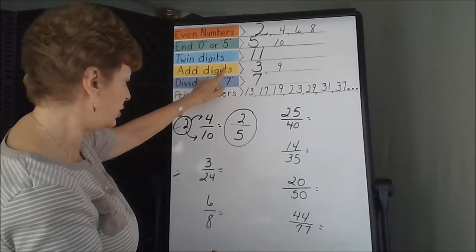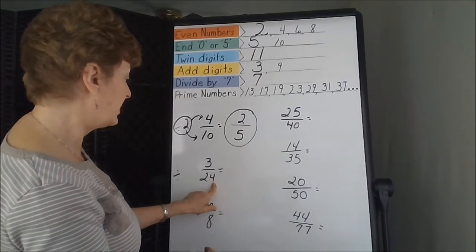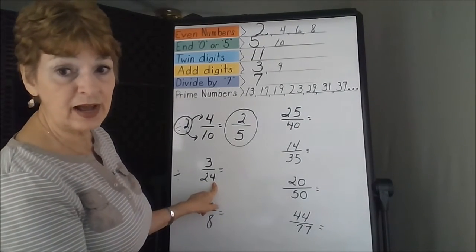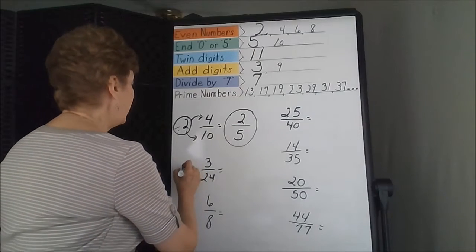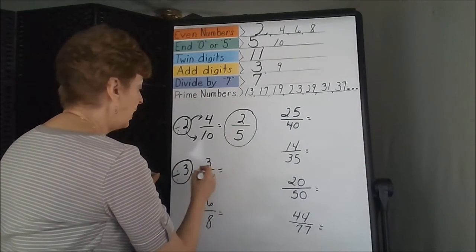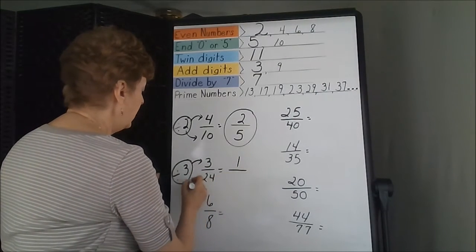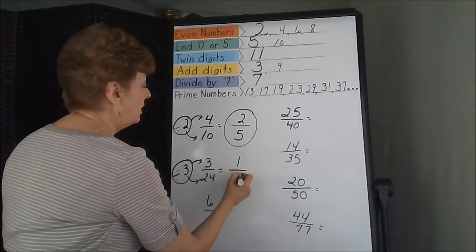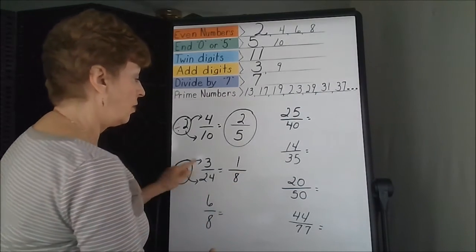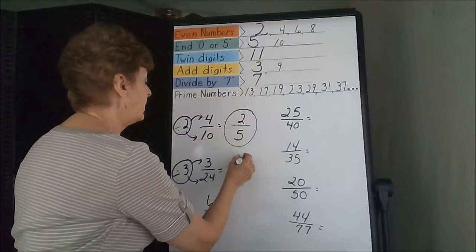Let's add the digits of the 24. 2 plus 4 is 6, and 3 will divide into 6. So we can use a 3 for this number. Now we're going to just apply the math. 3 divided by 3 is 1. 24 divided by 3 is 8. Whenever your fraction has a 1 in the top, it is in lowest terms.